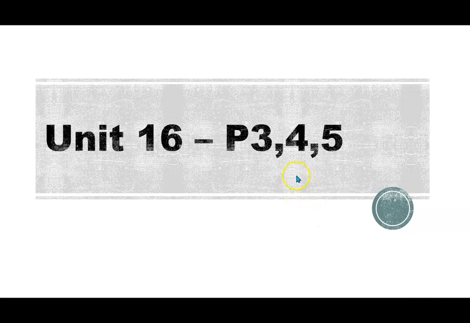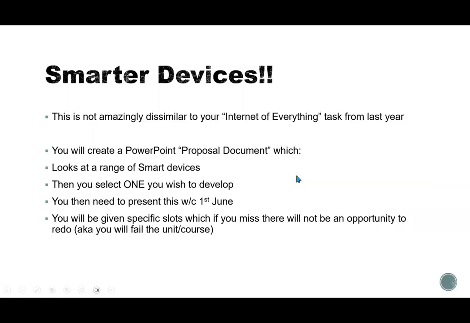So what we've got here, like I said, it's very similar actually in terms of your Internet of Everything task. And what you may well find is you may well have something from that unit, which is a smart device, which you may well be able to use for some of this or adapt for some of this, which obviously would be very useful to you.